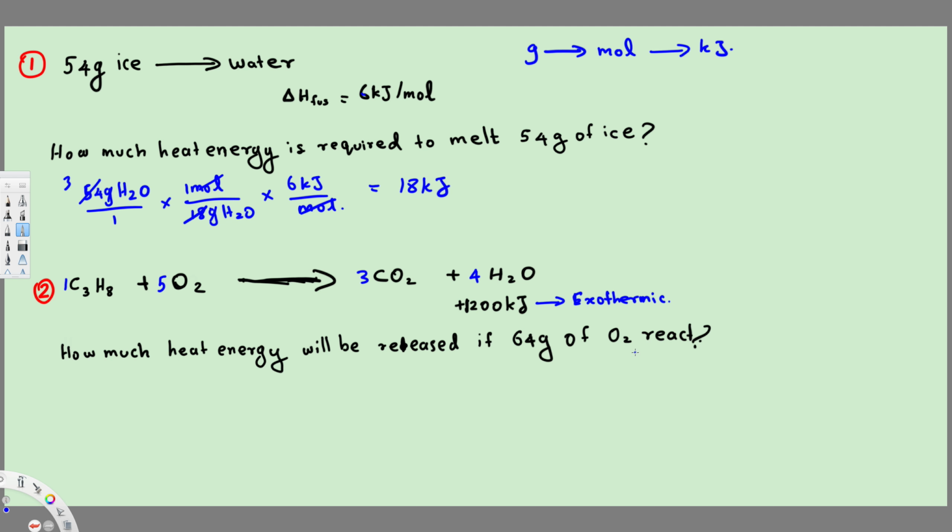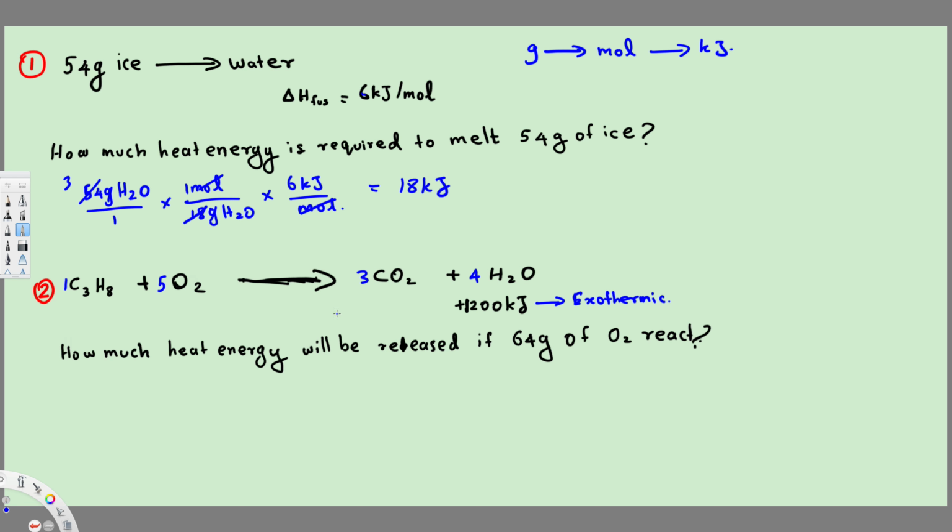So first of all we have to know how many moles of oxygen 64 grams contains, right? We know that if 5 moles react, 1200 kilojoules. If 64 grams, we have to know this one in terms of mole. Then only we can determine how many kilojoules are going to be released, right?